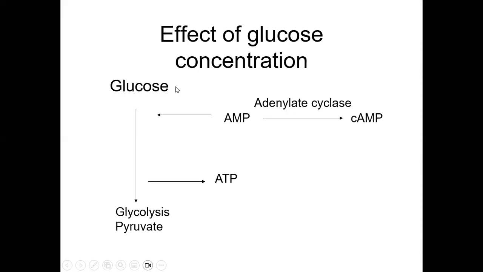So when we have high levels of glucose in the cell, glycolysis happens at a high rate, converting all the available AMP into ATP. So the effective cellular concentration of AMP decreases, which leads to less availability for adenylate cyclase, and hence less cyclic AMP is synthesized. So high glucose concentration will lead to low cyclic AMP concentration and vice versa.